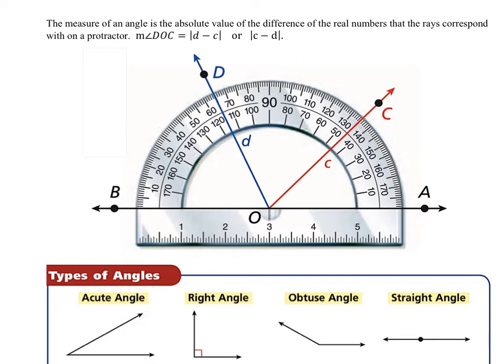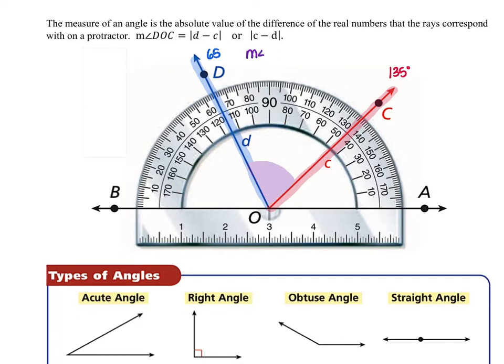Ray OD is hitting the protractor at what looks to me like 65 degrees. And ray OC on that same outer ring of numbers on the protractor looks like it's hitting at 135 degrees. So when we want to find the measure of the angle between these two rays, angle DOC, we can set it up in this way.